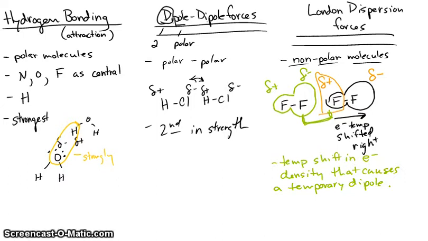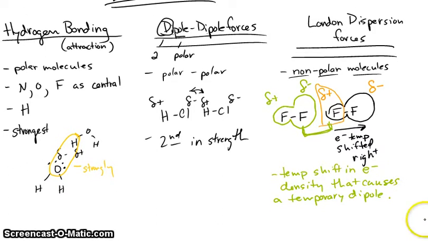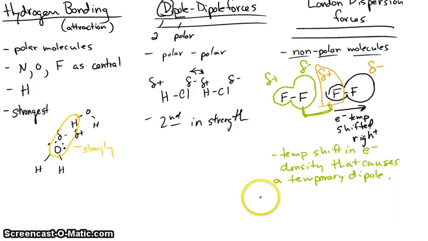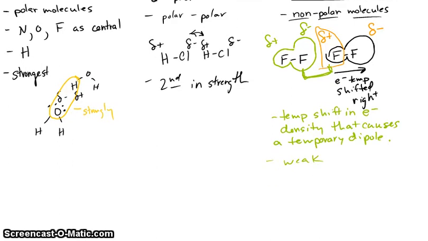Okay, I want to finish this video by saying this about intermolecular forces, and this is a really big idea. Is it possible for the London dispersion force, which is relatively weak, to be bigger than the dipole forces? It is possible.